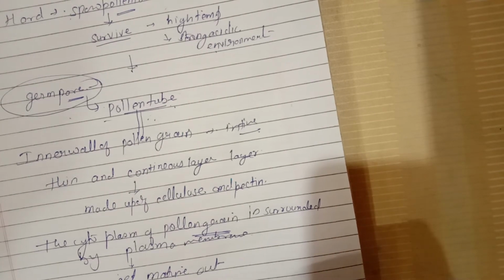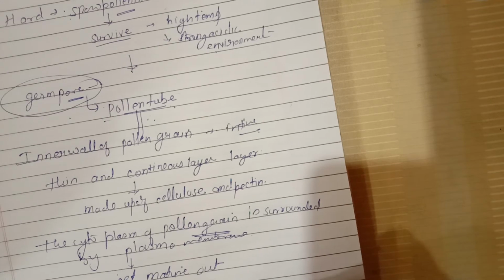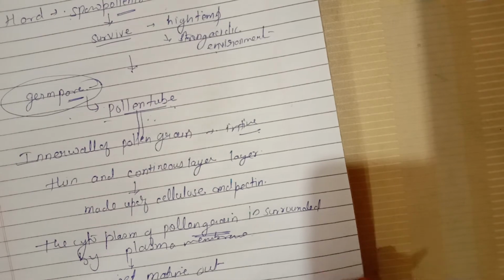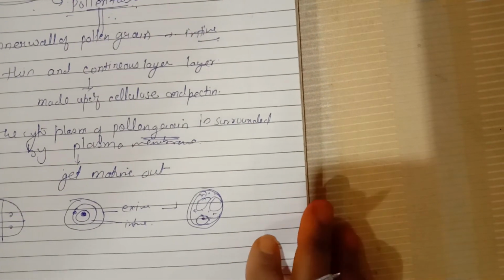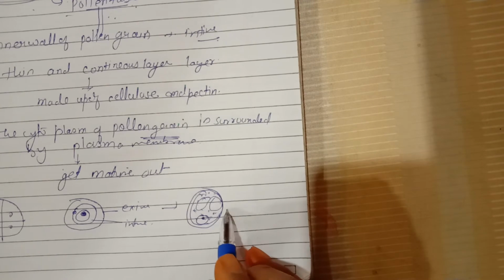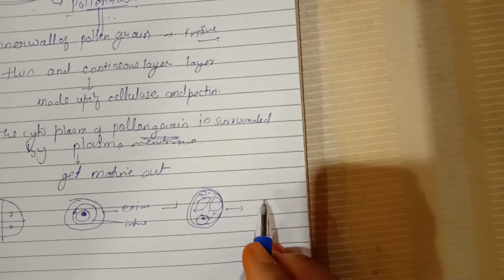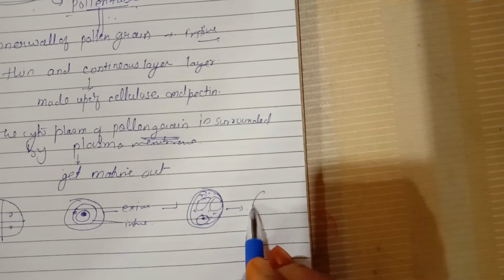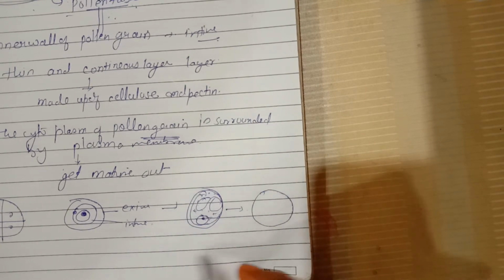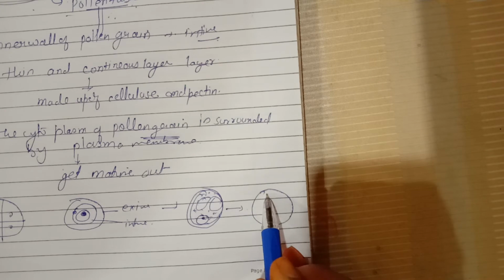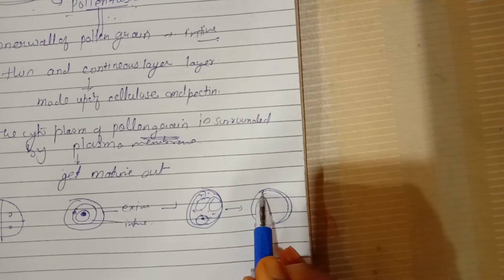Later on, when it matures, this is the nucleus inside the nuclear membrane, and there will be the formation of a larger vacuole. These are the cytoplasmic materials which will develop, and after this there will be the formation of an asymmetric spindle which divides this microspore into 2 parts.